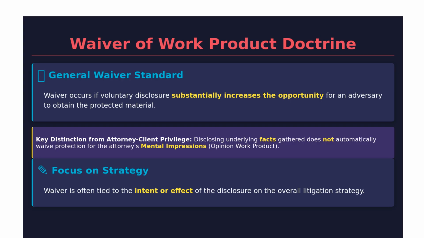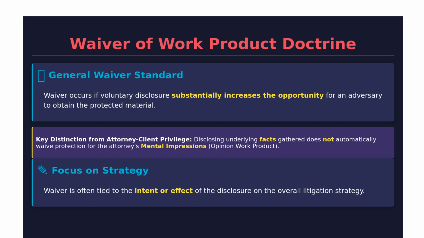Crucially, the work product doctrine offers stronger protection for the attorney's mental processes. If you disclose underlying facts gathered for litigation, like witness statements, this disclosure does not automatically waive protection for the attorney's opinion work product, meaning their mental impressions or legal theories. This distinction is vital.